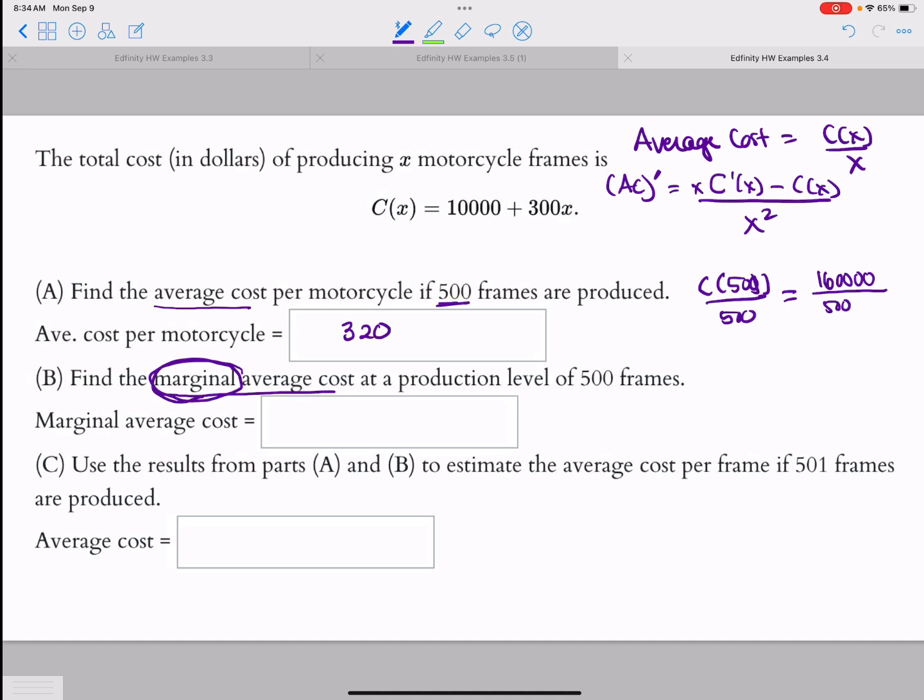So now if we plug in 500 to this, we have 500 times the derivative of the cost is 300 minus the cost function. And if you just simplify this, you'll get negative 0.04.